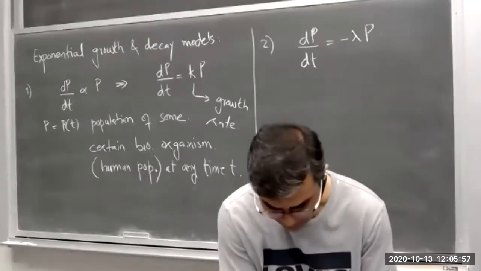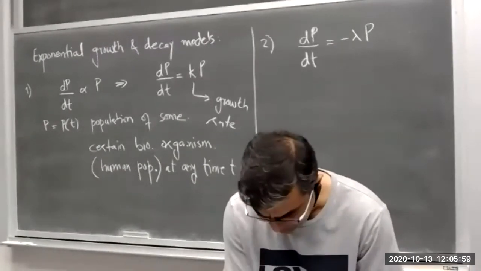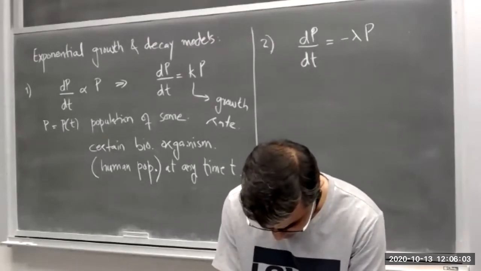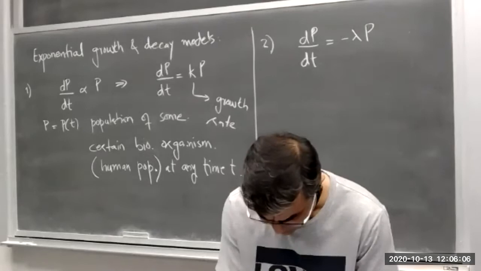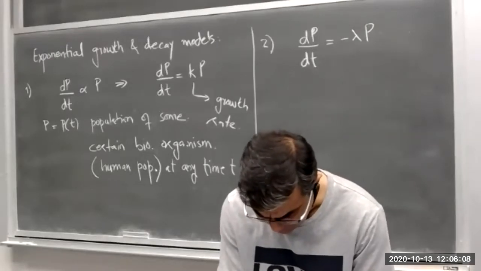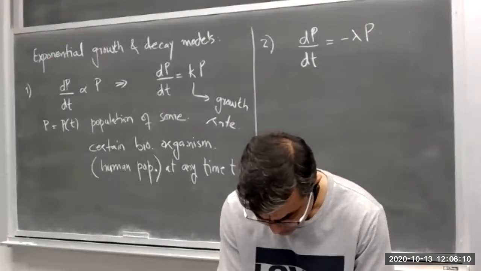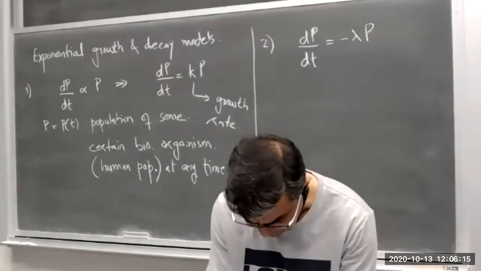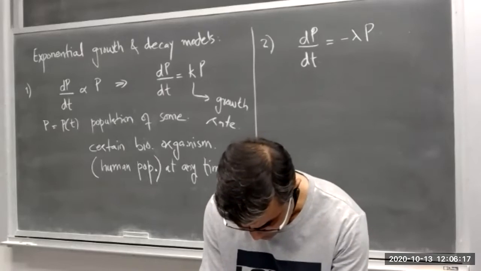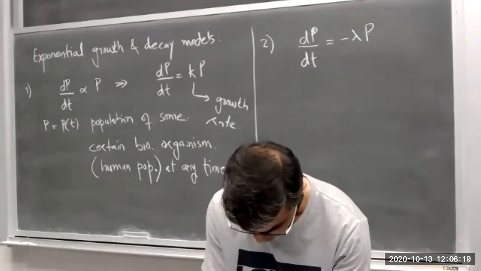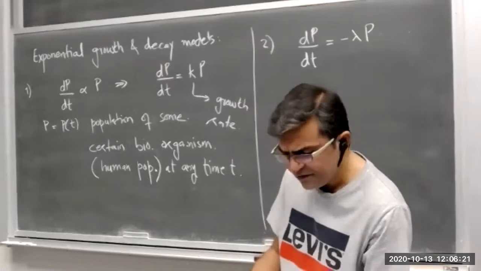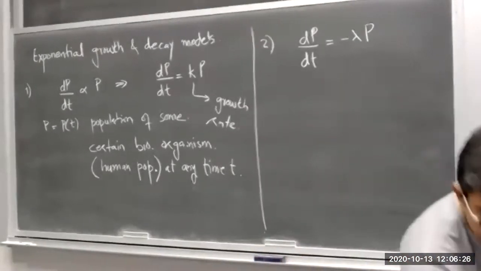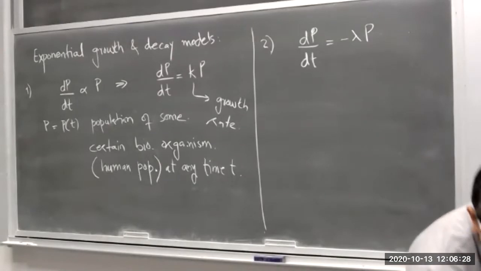Let me have another example. Population, this one. A culture of bacteria, this example is given in my notes. You can see it from there. I just read it here.